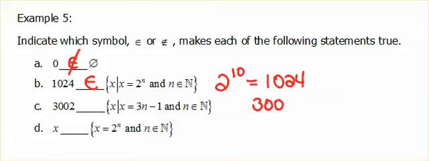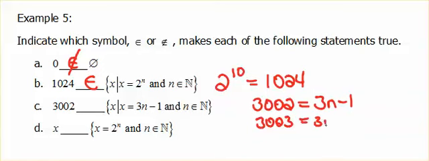So they're asking us, is 3002 a solution to the problem 3n minus 1, where n happens to be a natural number? So we could set up that equation and solve it and see. If I added 1 to both sides, I would get 3003 equals 3n, and if I divide both sides by 3, I would get n equals 1001. 1001 is a member of the natural numbers, so that means that 3002 is an element of that set.